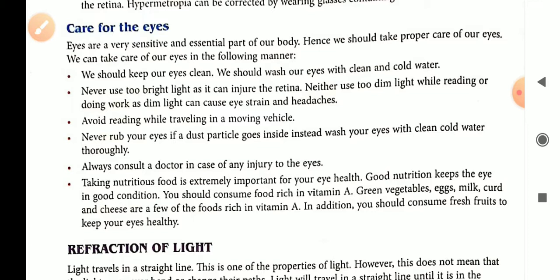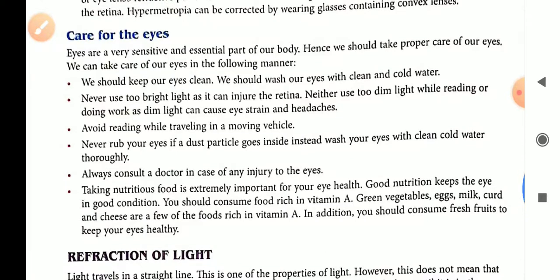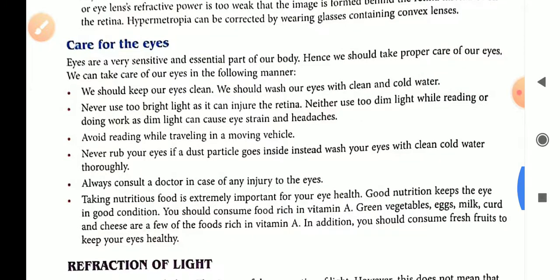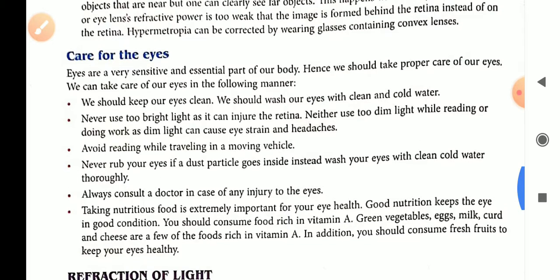Nowadays girls and boys avoid eating green vegetables, but they must be in our diet because they contain vitamin A. In the absence of vitamin A, the defect that occurs in our eye is known as night blindness.